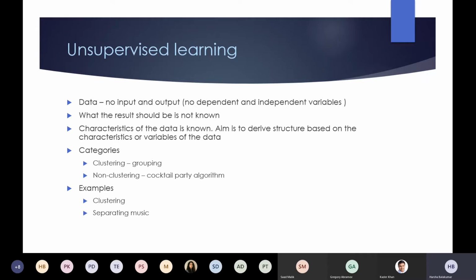What we mean by this is, say, you have fruits and vegetables in a basket, and you define the characteristics of whatever is there in the basket. You define the color, you define the size, everything.